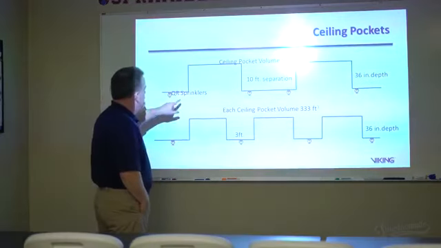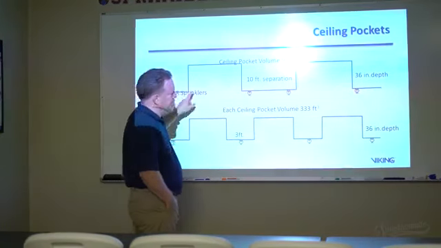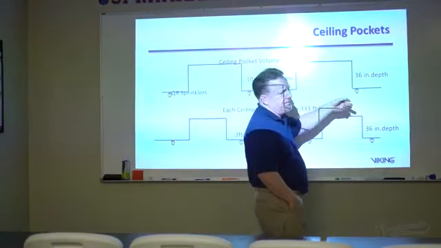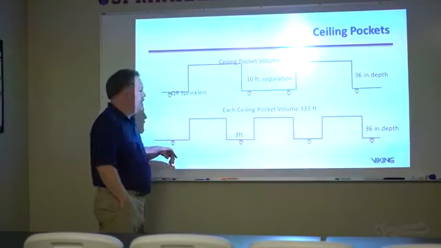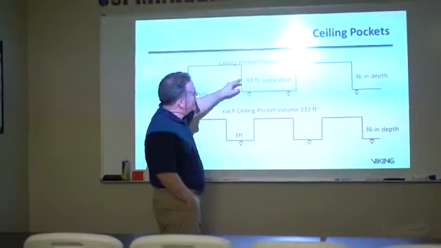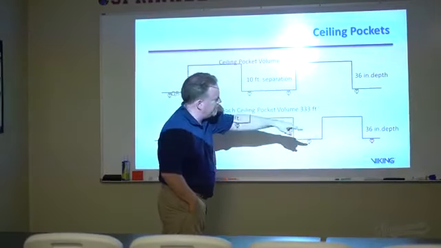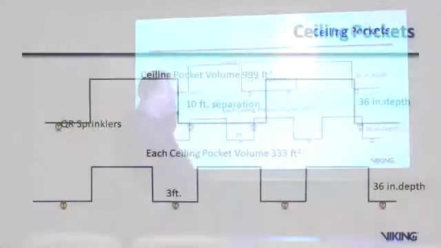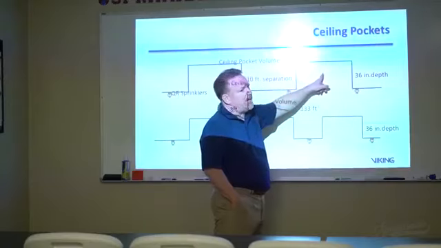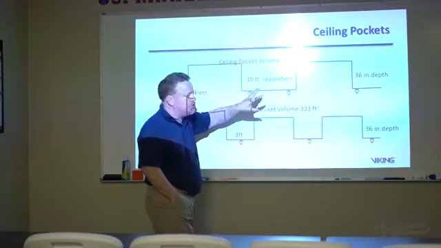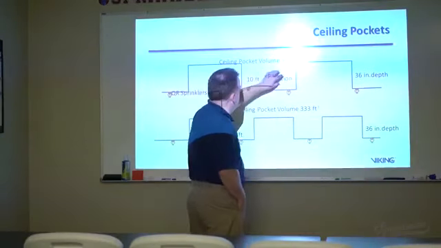First of all, you have to have quick response sprinklers, which in light hazard is easy enough. Second of all, you can't have any more than 3 feet in depth, 36 inches in depth. Ceiling pocket volume is less than 1,000 cubic feet, each one of these, and they're separated by 10 feet.